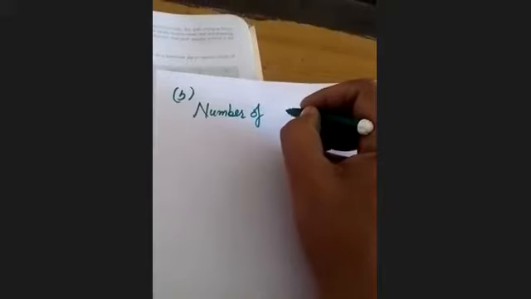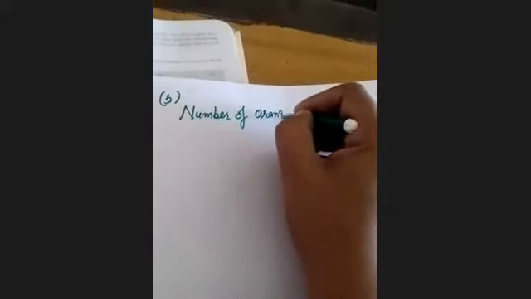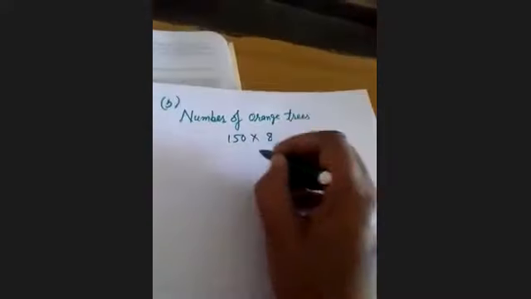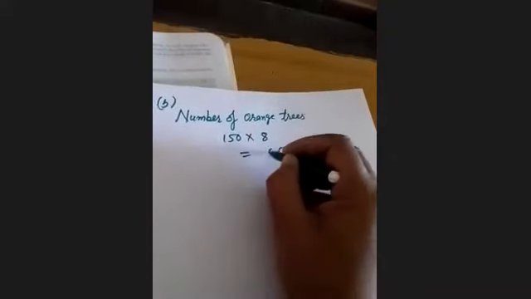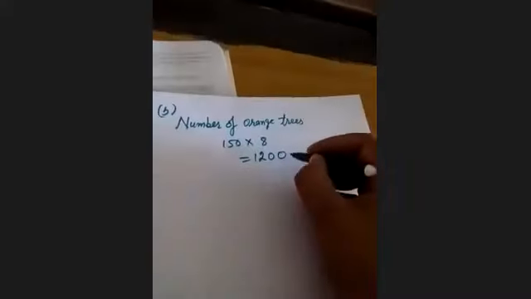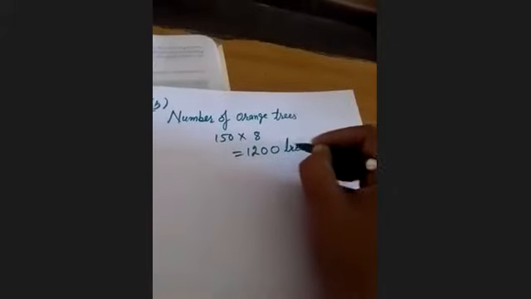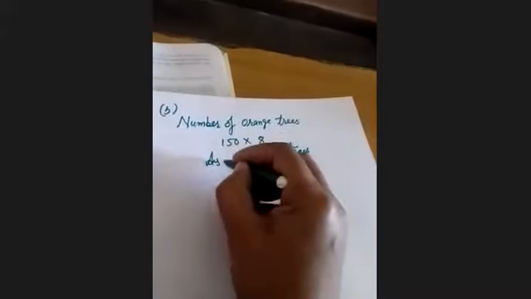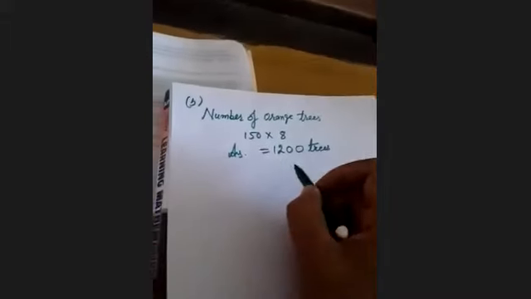So find the number of orange trees. 150 multiplied by 8 is 1200 trees. So there are 1200 orange trees in this garden.